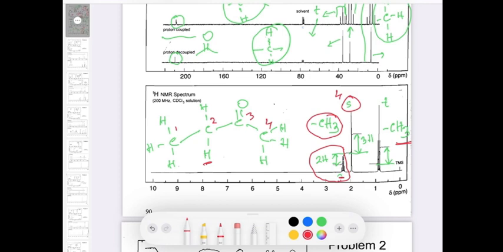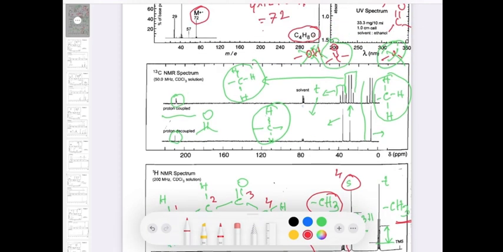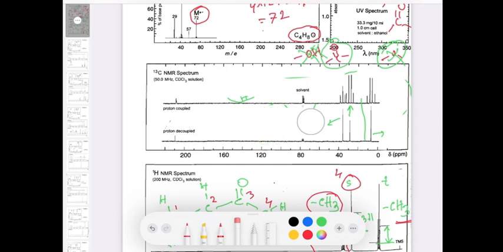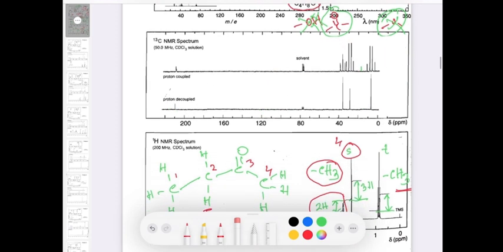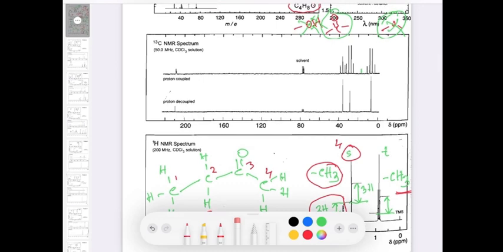Okay, and in the carbon NMR you already know we get that information. So now in the carbon NMR we can clearly give the number with the structure. So this is the number 1 carbon, this is the number 1 carbon, and this is the number 3, not 3, this is number 4 carbon actually.